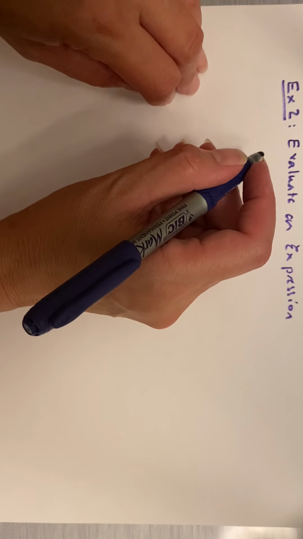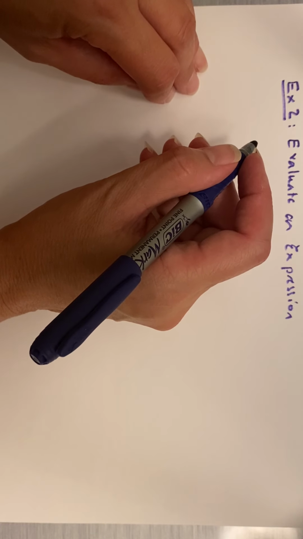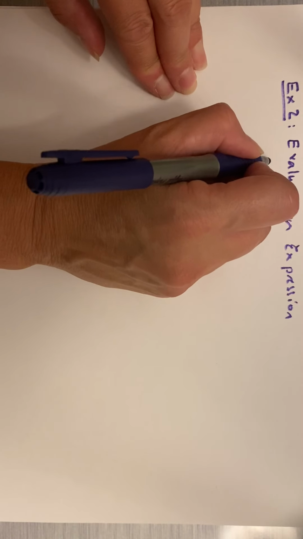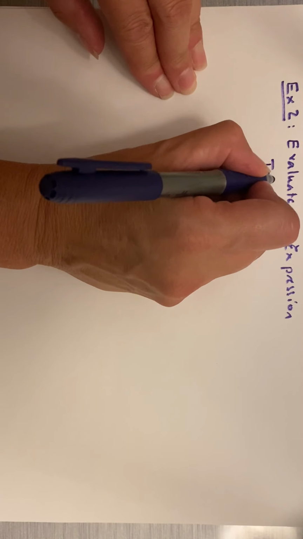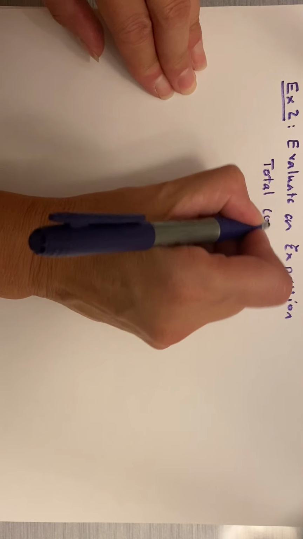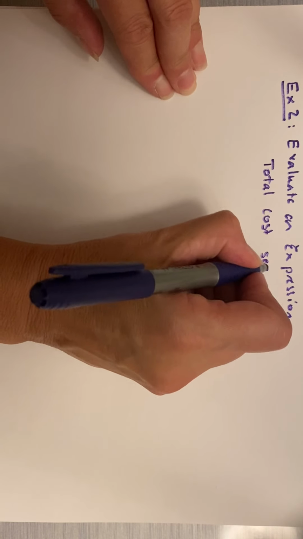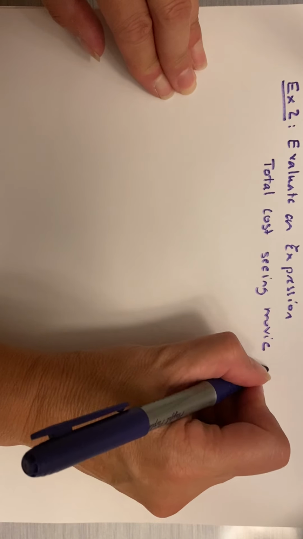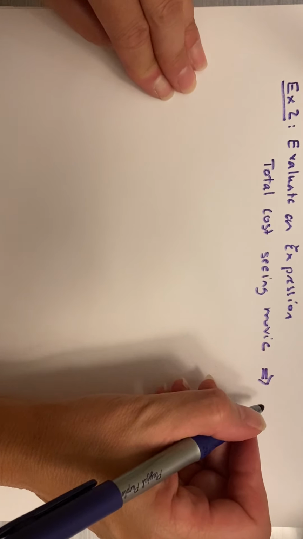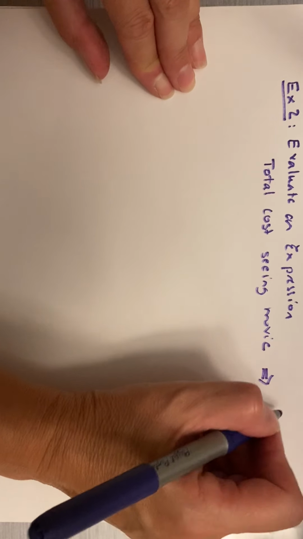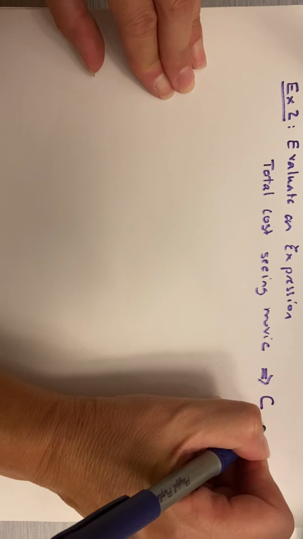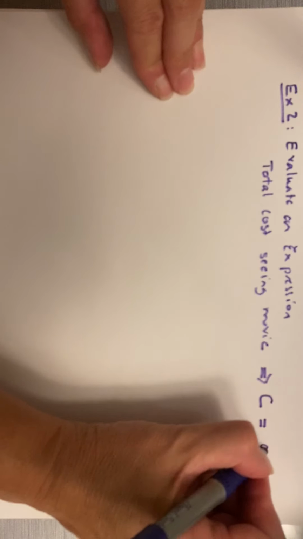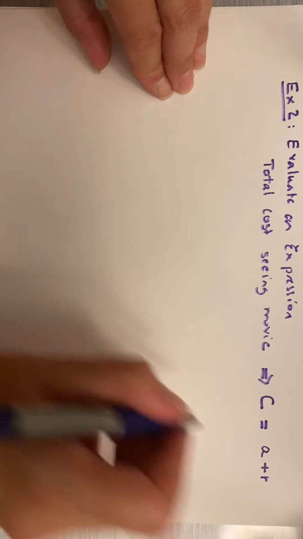The total cost of seeing a movie at a theater can be represented by the expression A plus R. So I'm going to abbreviate what I'm reading: total cost seeing movie, with an arrow, and we'll call the total cost C, and they've told you that's A plus R. So this is an algebraic expression, right?